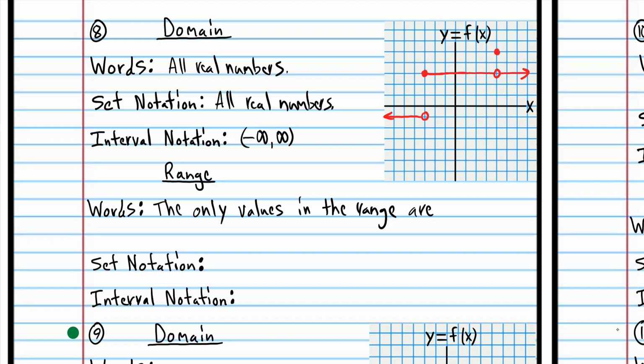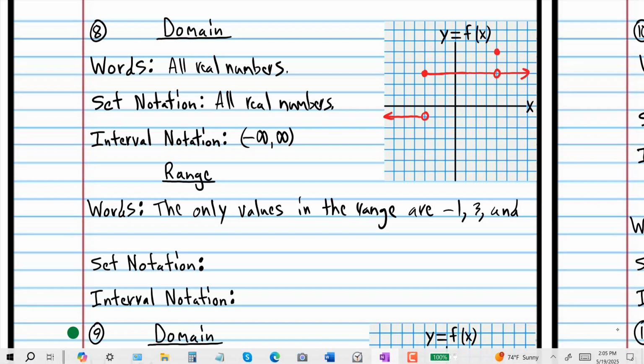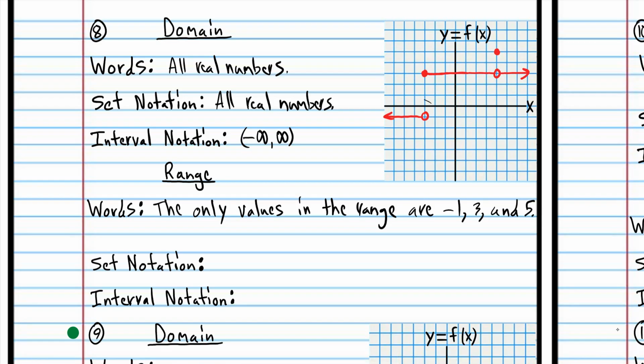The only values in the range are -1, 3, and 5. Because these points all have y values that are -1. These points all have y values that are 3, and this point has a y value that is 5.